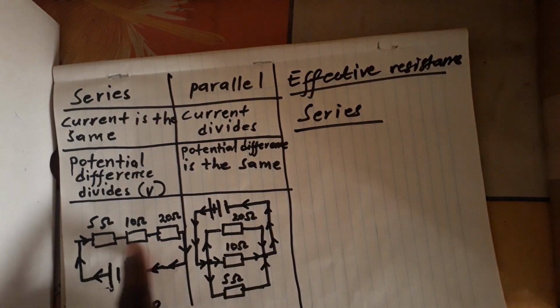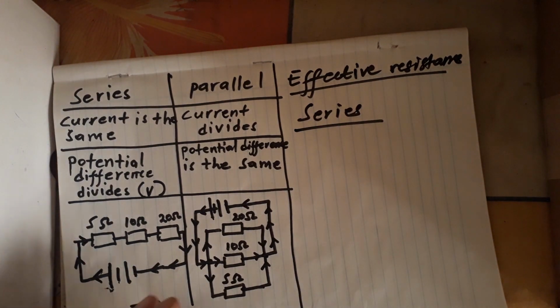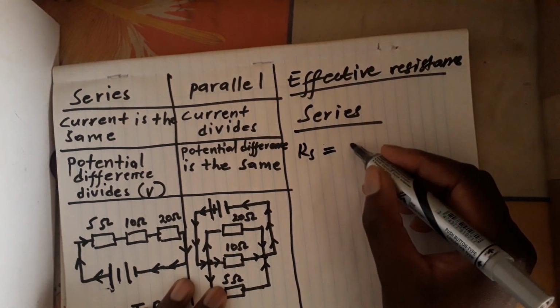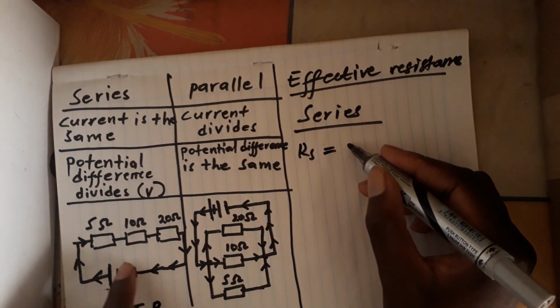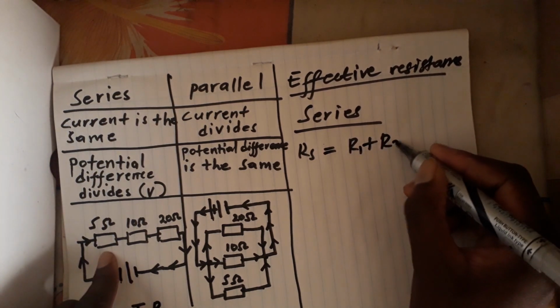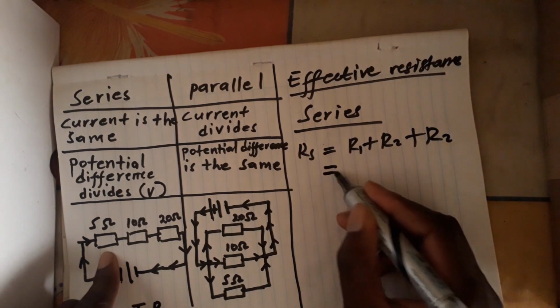How do we calculate resistance here? You just add the resistances. I'm going to say RS, which is series. RS is going to be R1 plus R2 plus R3.